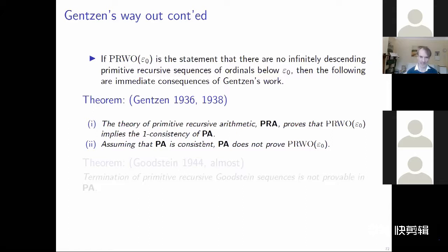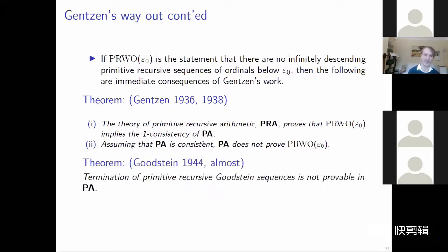And it was Goodstein in 1944 who actually obtained a purely number-theoretic statement about sequences of numbers known as Goodstein sequences. And Goodstein almost proved in 1944, utilizing Gentzen's results, that the termination of these Goodstein sequences is not provable in PA. Okay, so these are some results due to Gentzen.